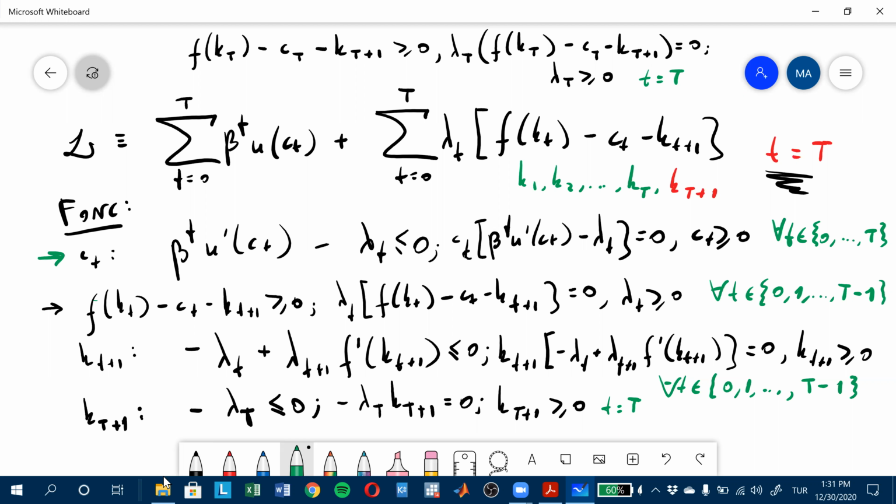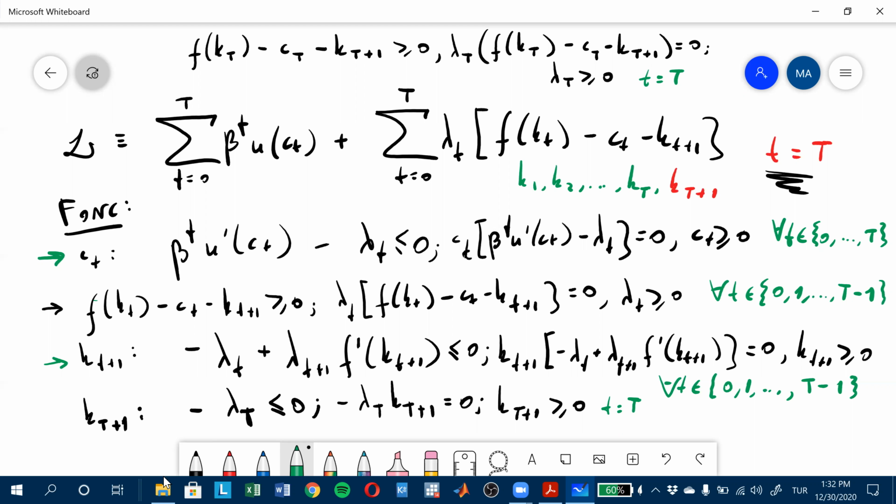These are my control variables, my choice variables. Now k_{t+1} is also a kind of choice variable. So that must be true, but I'm paying particular attention to the last period. Why? Because there will be no tomorrow, right? So I have to be careful with this.